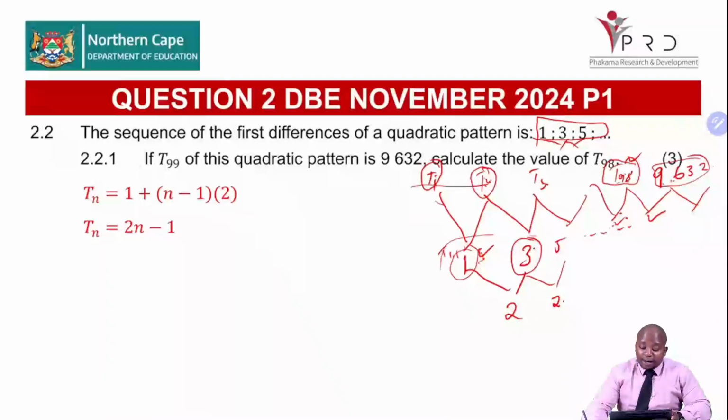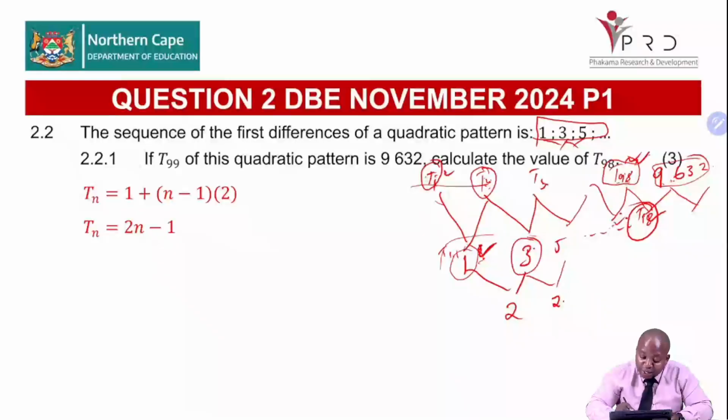What did I indicate in the beginning? T1 corresponds to the first term on the differences, T2 corresponds to the second term. So if I want to know T98, it will also correspond to T98 on our differences.